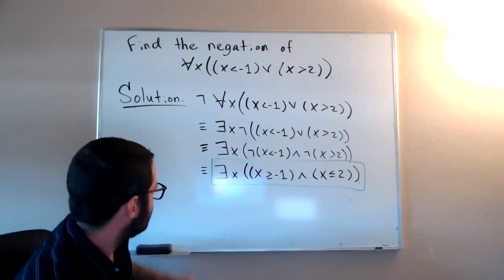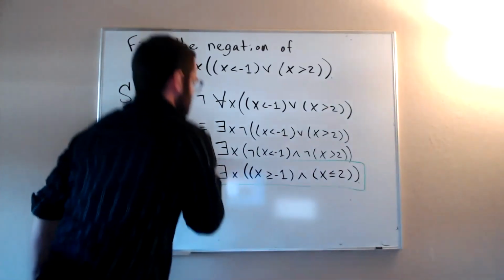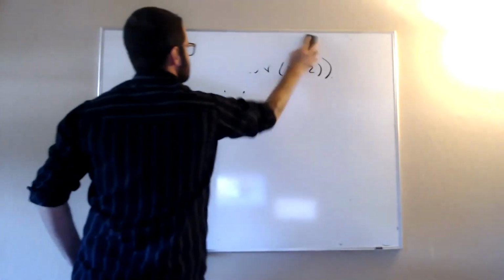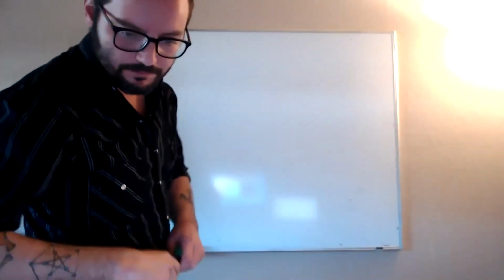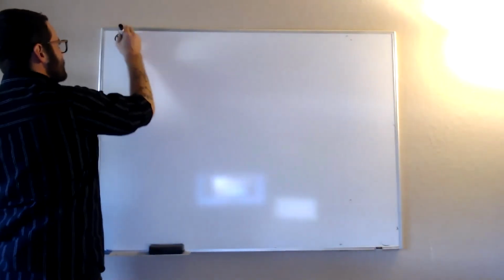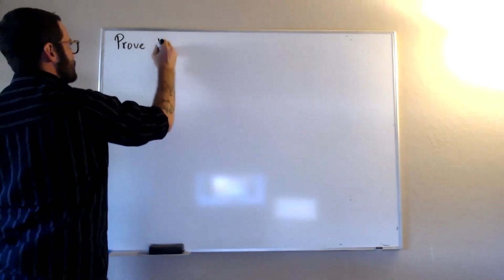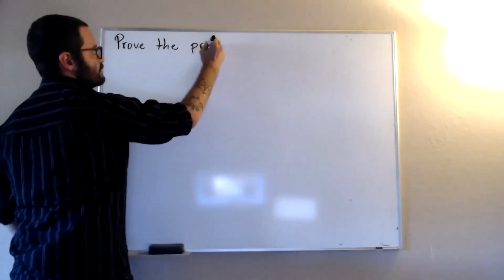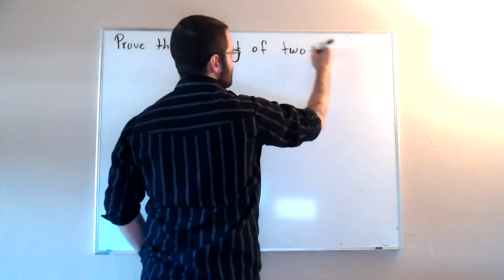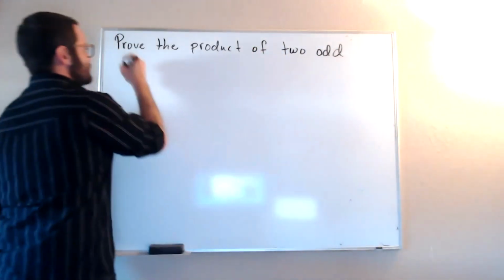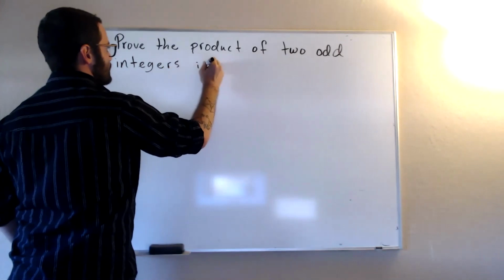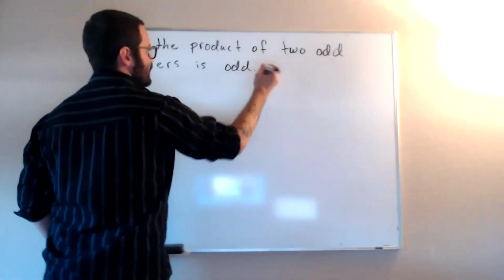All right, so let's do another problem. Okay, so to prove the product of two odd integers is odd.